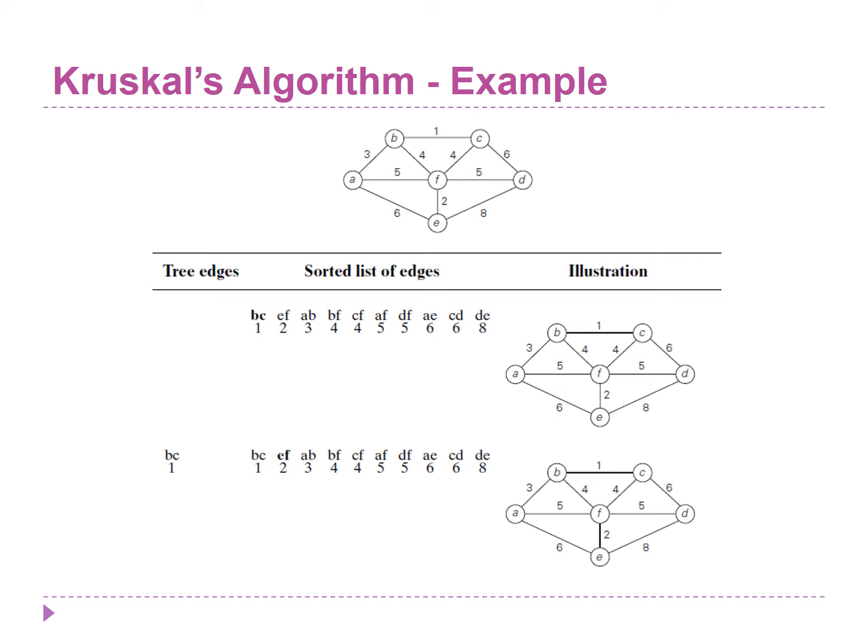When the edges are sorted based on the edge weight, the first edge is BC, which has an edge weight of 1. The edge that is added to the minimum spanning tree should not form a cycle as per Kruskal's algorithm.